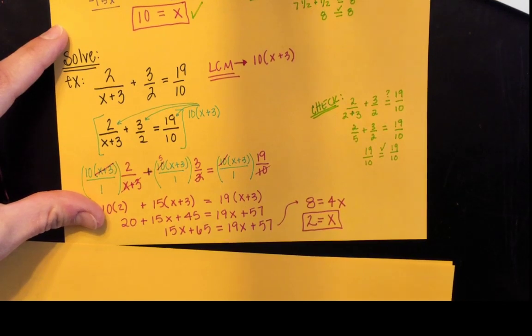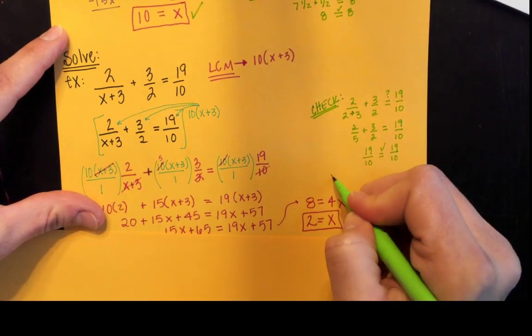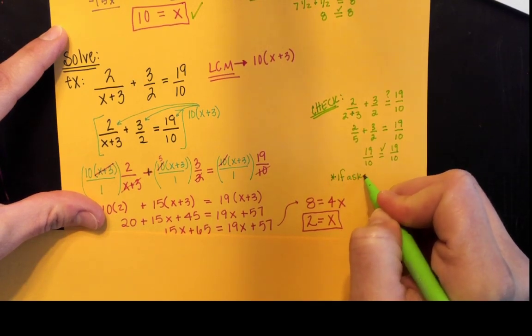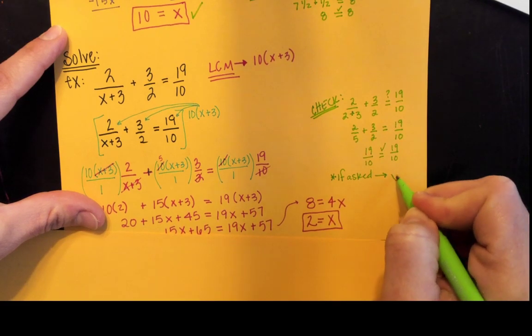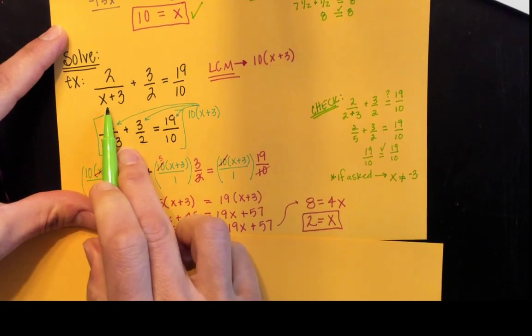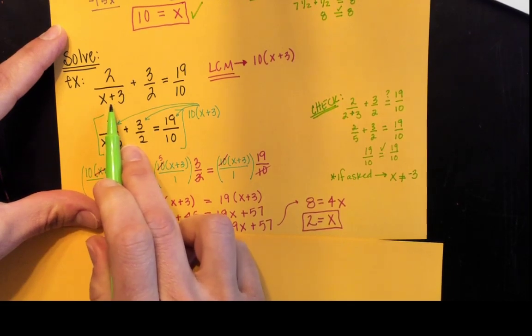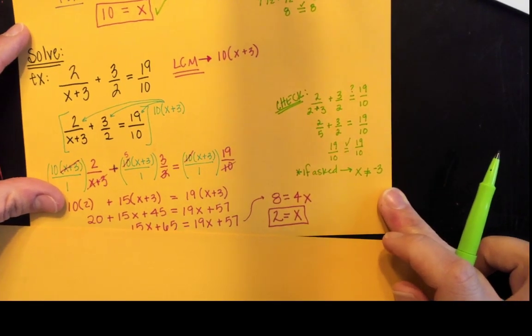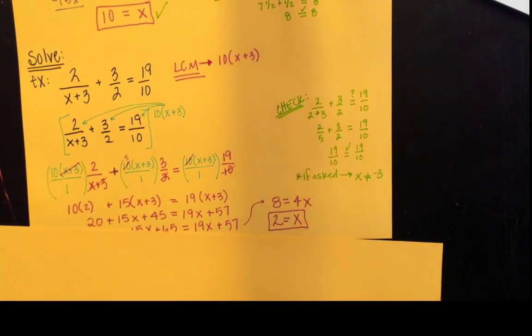Now the only other thing that you would need to make sure is if you are asked, we know x cannot equal -3 because our denominator up here was x plus 3. So again, if asked, we need to make sure that you do have the domain appropriately answered.